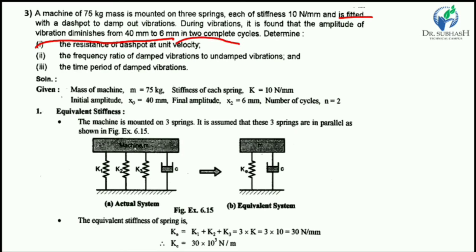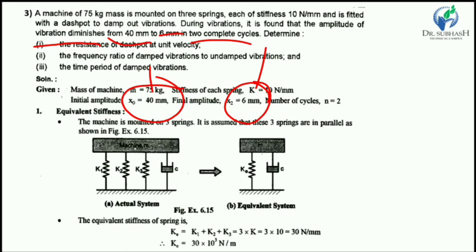During vibration, it is found that the amplitude of vibration diminishes from 40 mm to 6 mm in 2 cycles. So the x0 amplitude value is 40 mm, and after 2 cycles the amplitude x2 is 6 mm.